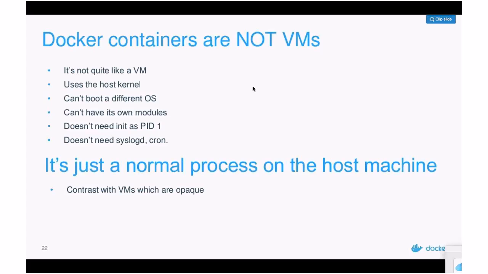It's not quite like a VM, because with VMs, each VM has its own kernel, but in the case of containers, they use the host kernel and don't boot a different OS. In a VM, each and every VM has its own operating system, but containers just have the user space of an application.